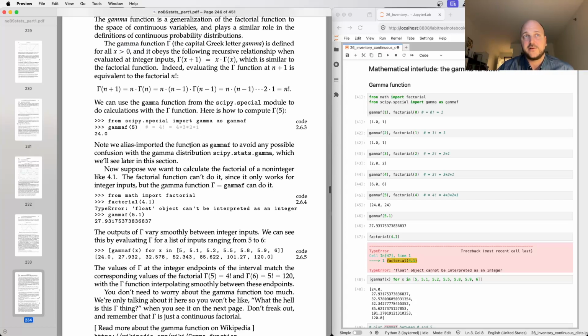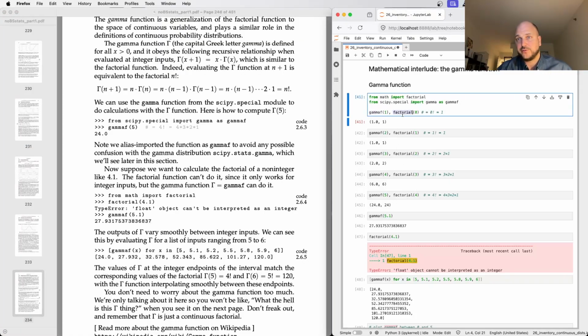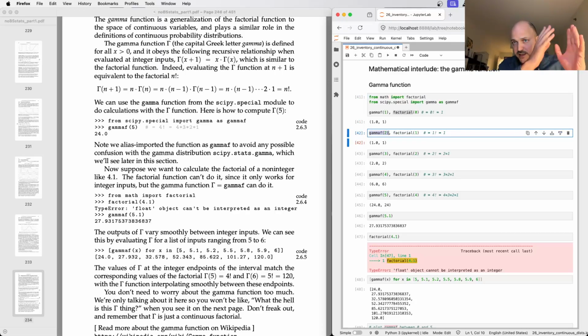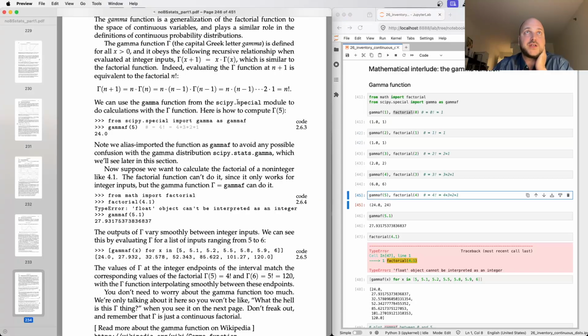Intuitively, I'll let you read, but the gamma function and the factorial are closely related. What the factorial does for integers, gamma allows us to do continuously. So for integer values, the gamma function and the factorial are equal. Here is the equation.